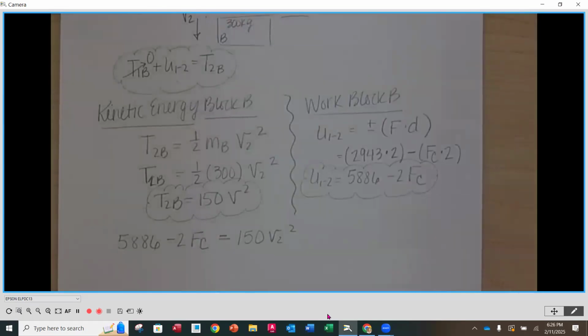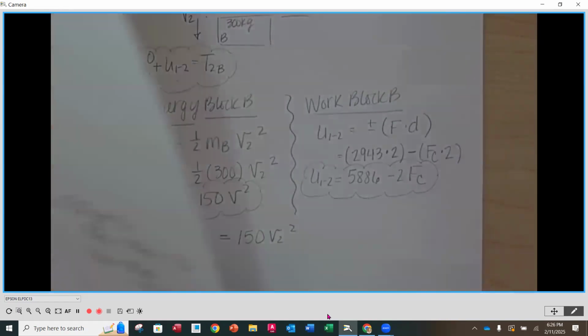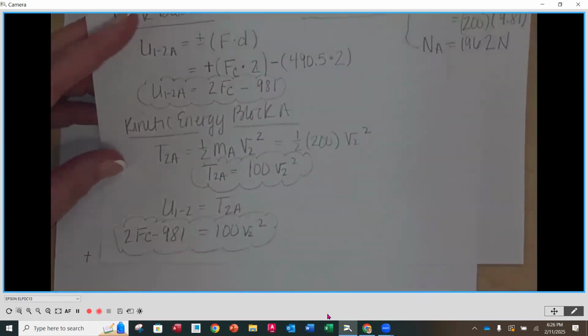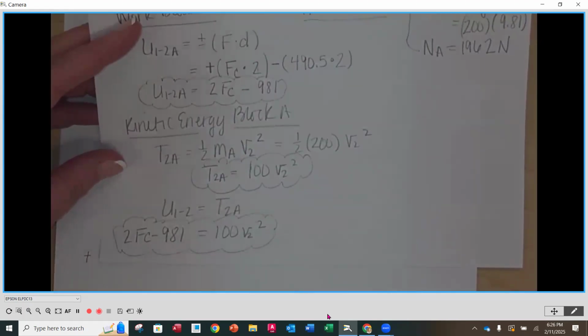And then what we can do is add to it the equation from before. You remember, we had 2FC minus 981 is equal to 100 V2 squared, okay?